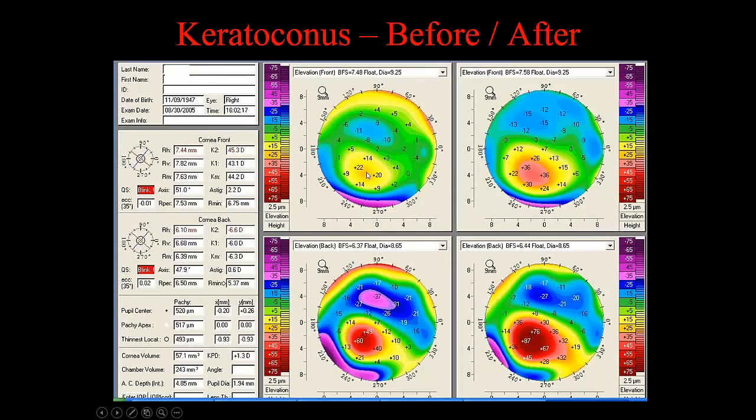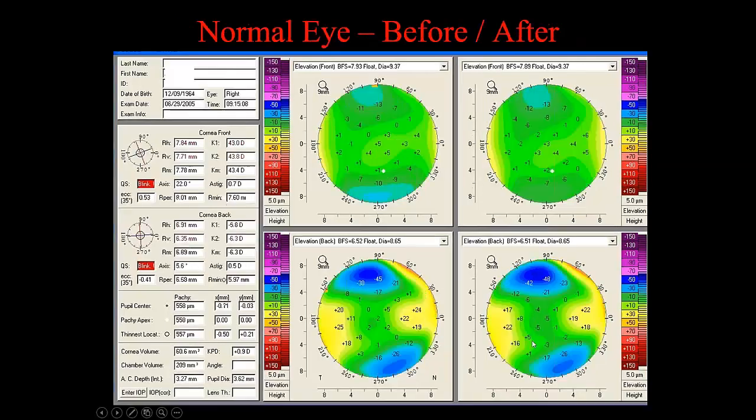Here's another example. Again, this would be easy to identify using the standard best fit, but when we use the enhanced, notice again, we get greater elevation. The posterior surface would be easy to identify with the standard best fit sphere, but again, the elevation becomes greater with the enhanced reference surface.